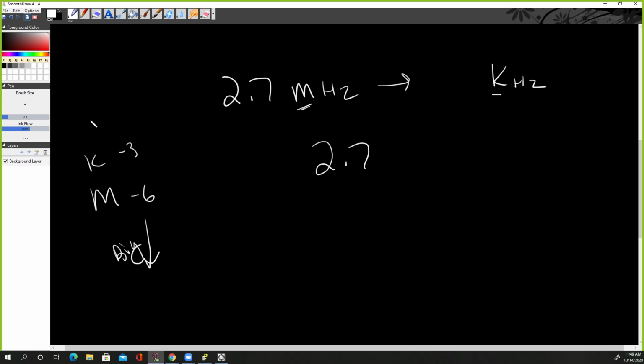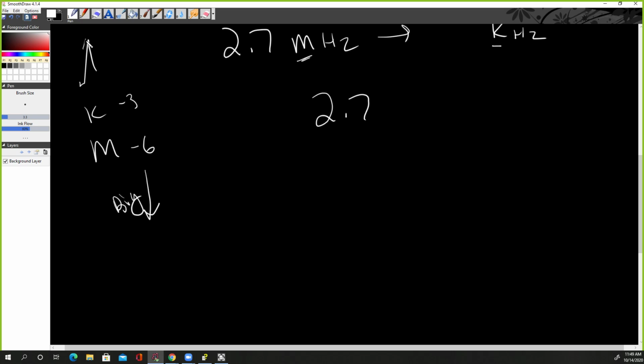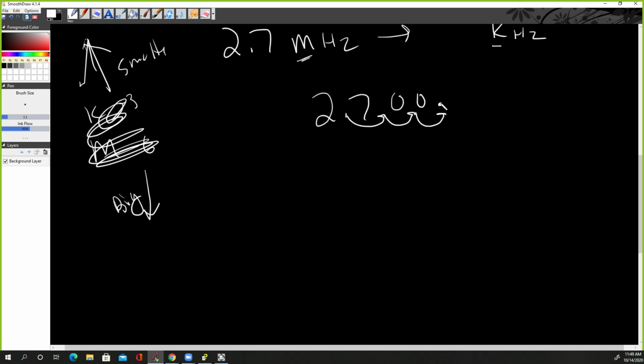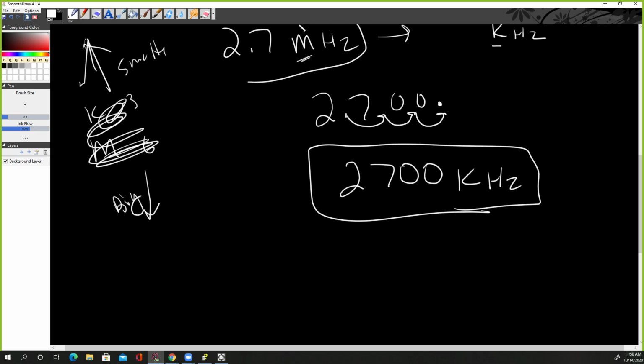I told you if you go up, you get smaller, but we're going down the chart, so we're getting bigger by 3. 1, 2, 3 places going here. We're going to add zeros wherever the blanks are. 2,700 kilohertz. And this is the same thing as this. It's the same exact value. All we're doing is changing the prefix.